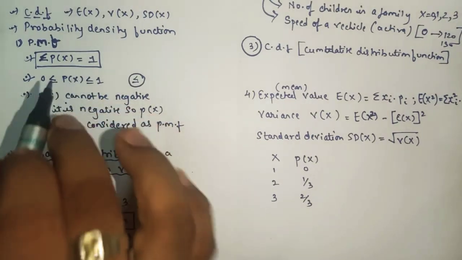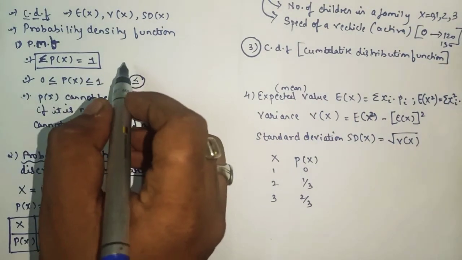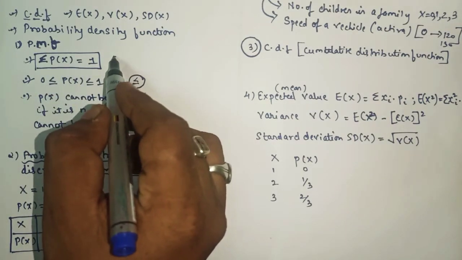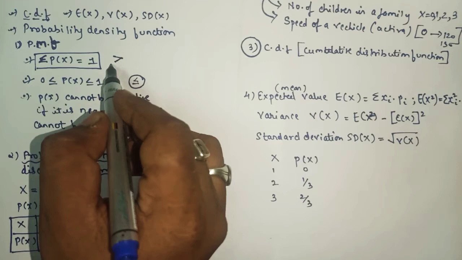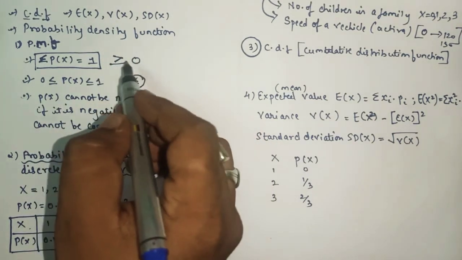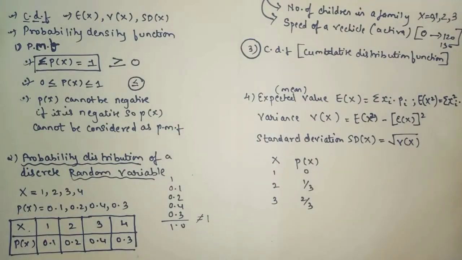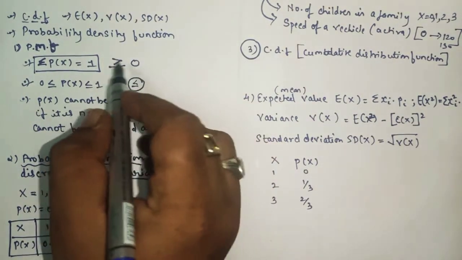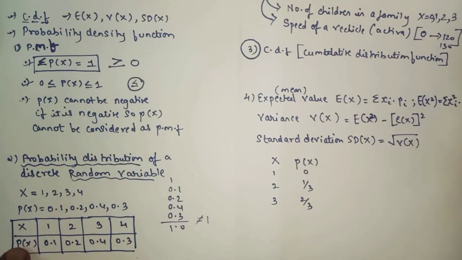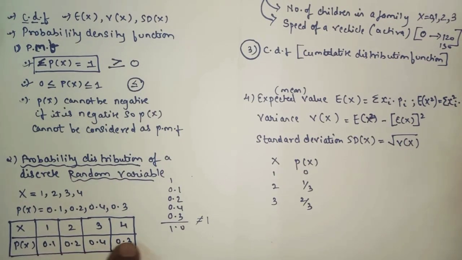In short, you can remember it like this also: the value of P of x will be greater than or equal to 0. Greater than or equal to 0 means what? It should contain positive values.